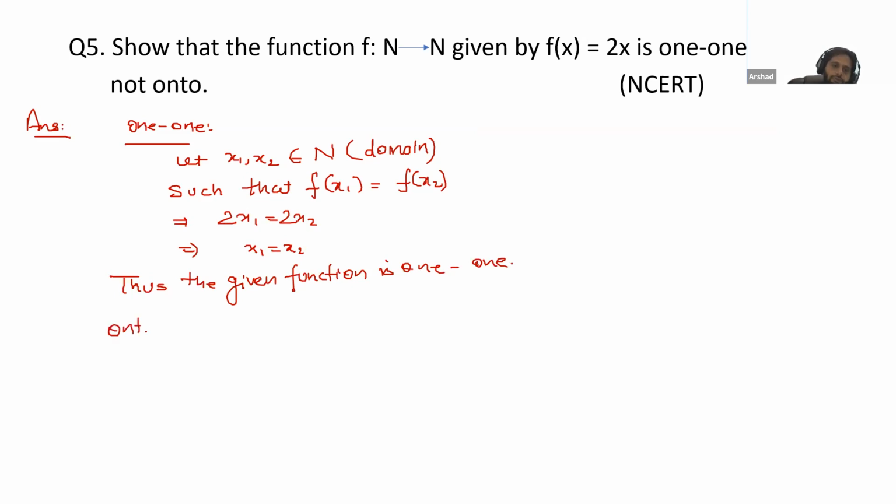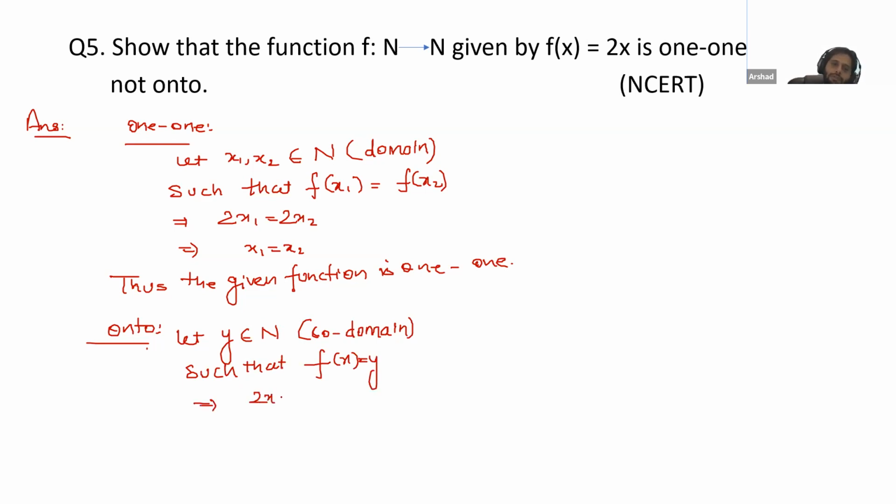Next is onto. What we can do in case of onto? If directly you are not able to give an example, then please do in the same way. Let y belongs to N, that is a codomain, such that f(x) is equal to y. Then put f(x). What is f(x)? 2x is equal to y. So that means x is equal to y by 2.